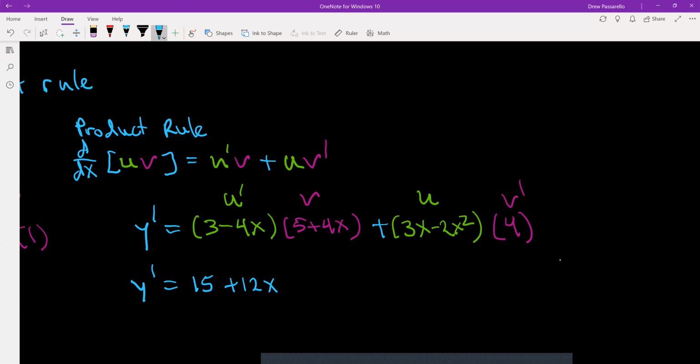Then distribute negative 4 times 5, it's negative 20x. Negative 4x times 4x, that's going to make negative 16x squared. So that takes care of this part. Now for the other term, I distribute 4. So I do 4 times 3x is 12x. And then 4 times negative 2x squared is negative 8x squared.